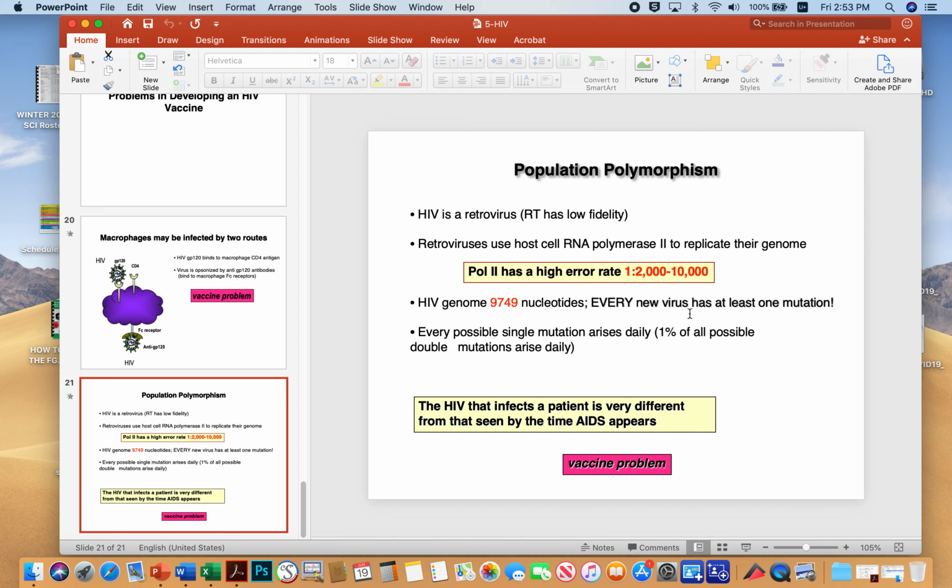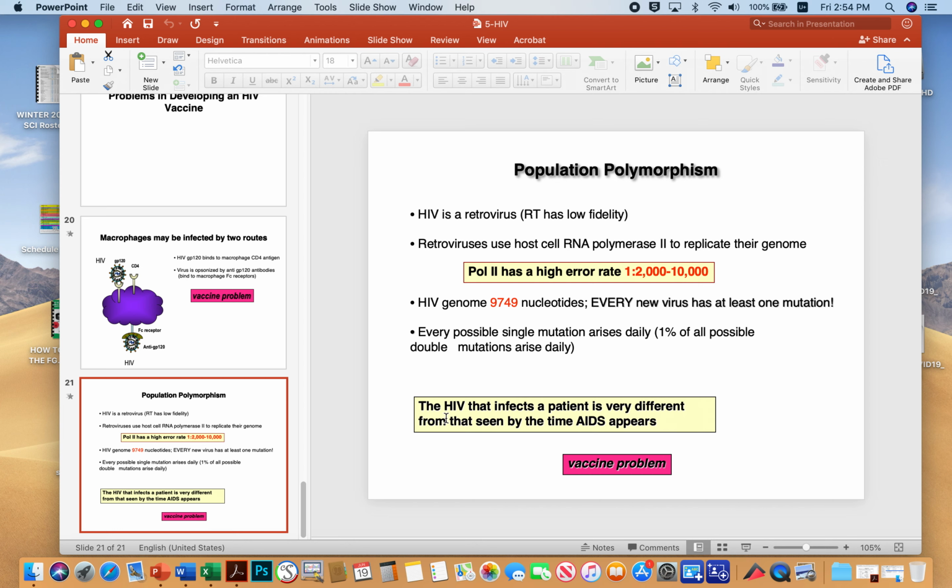Every new virus has at least one mutation based on these issues here, particularly with the low fidelity of the reverse transcriptase. Because of the mutation rate of reverse transcriptase, every new virus, statistically speaking, will at least have one mutation. And that just leads to the production of a mutant horde of viruses that go into the cell and then come out different than whatever went in. So every possible single mutation arises daily.